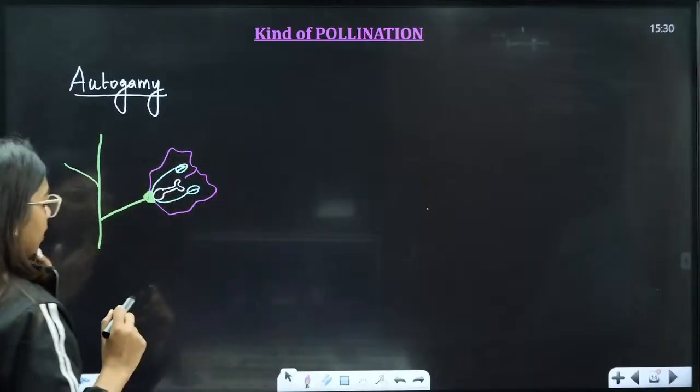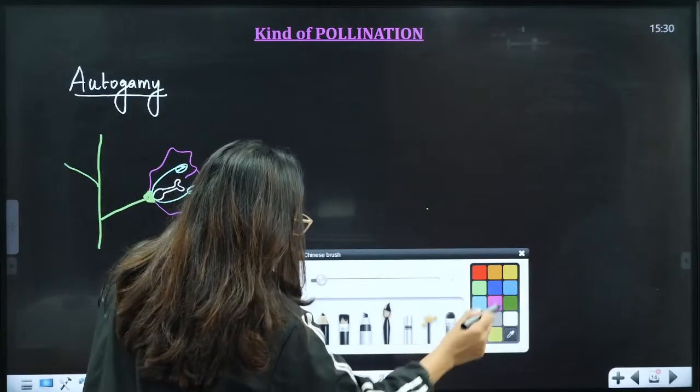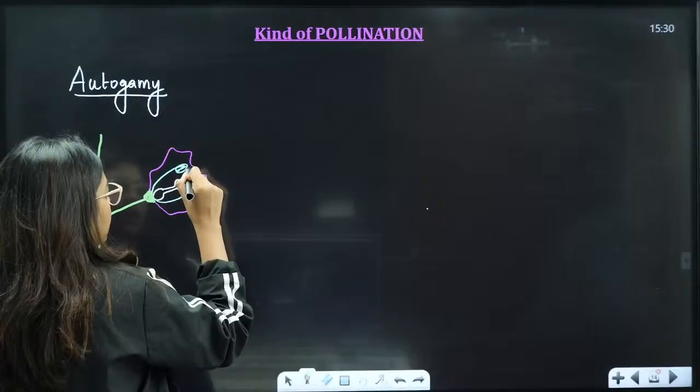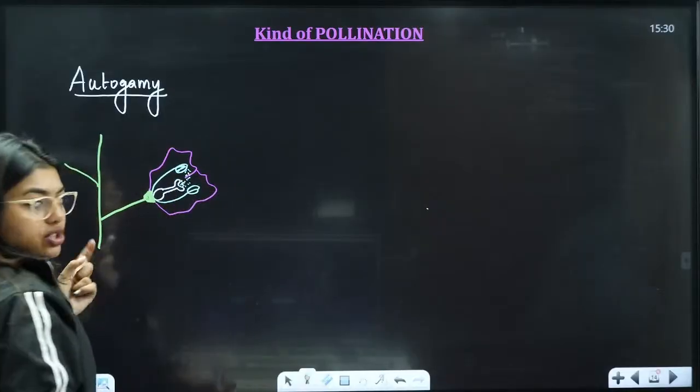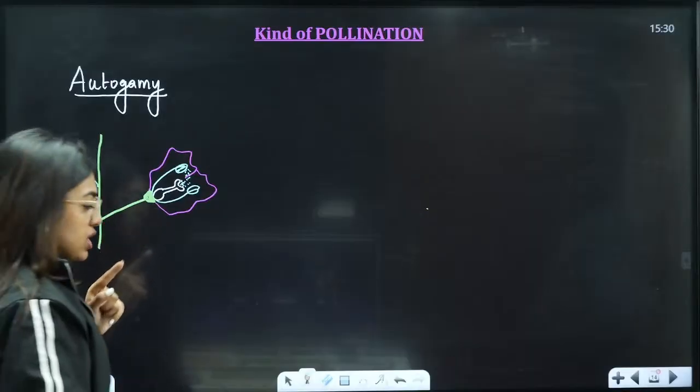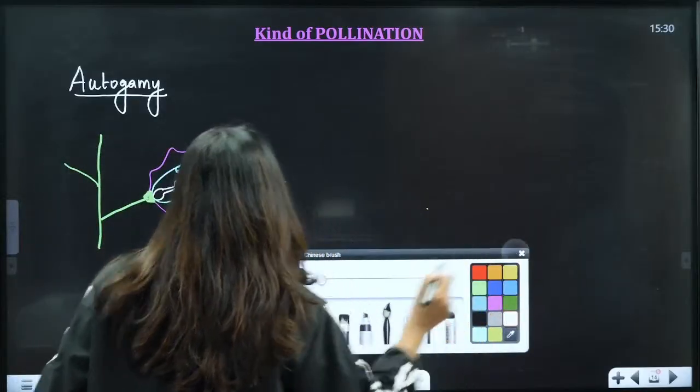Okay, this is the flower. Now what is going to happen, students? The pollen grains from the anther are going to fall onto the stigma. This is called self-pollination. Yes or no? Yes, ma'am, this is called self-pollination.